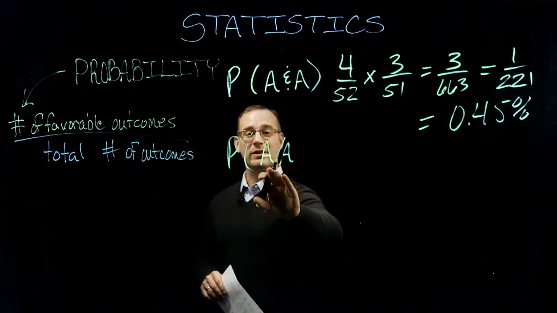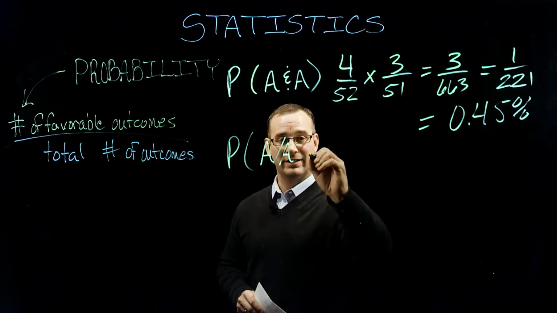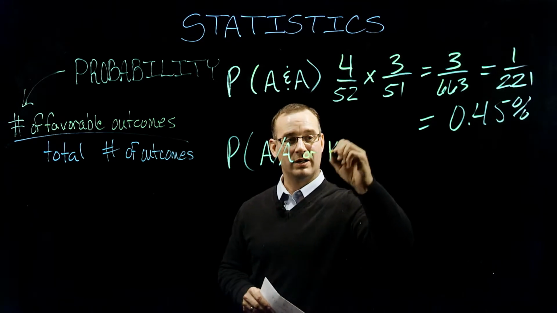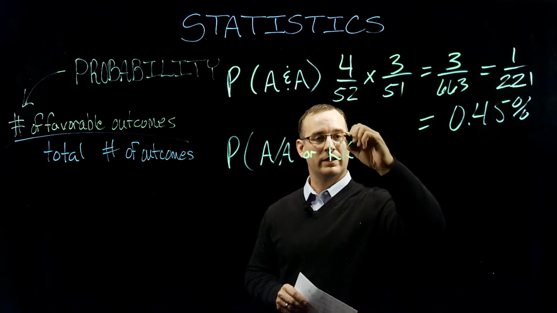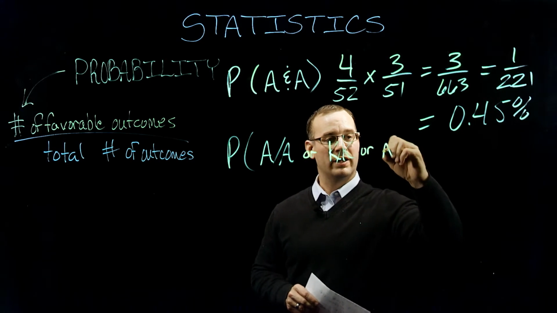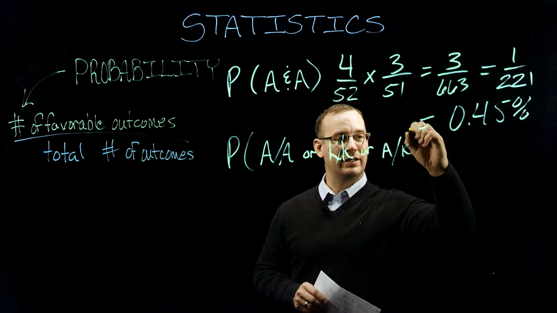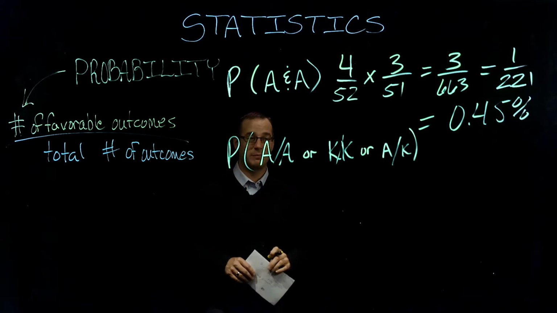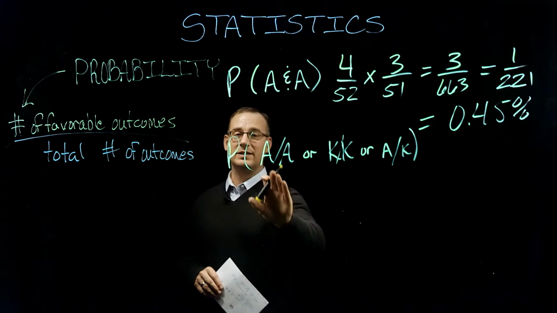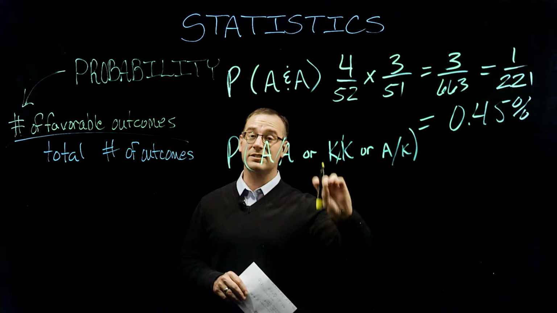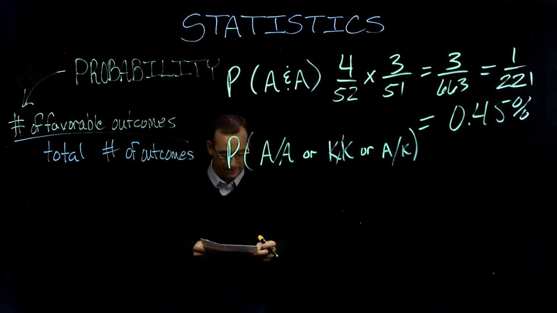So we want the probability of either ace-ace, or king-king, or the third best starting hand in all of poker, ace-king. So we want to calculate what's the probability of being dealt 2 aces, 2 kings, or ace-king.